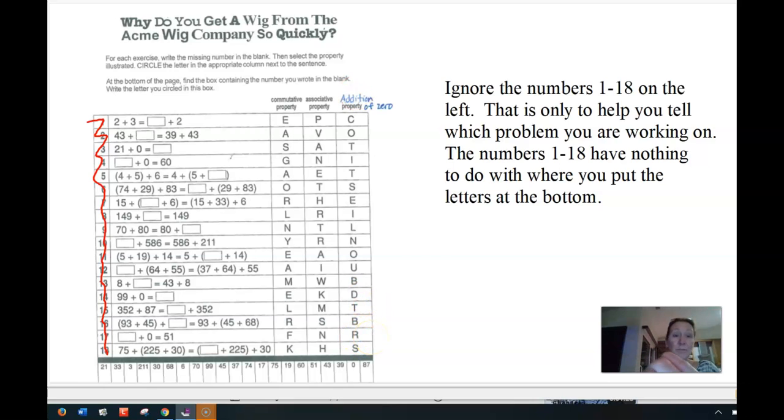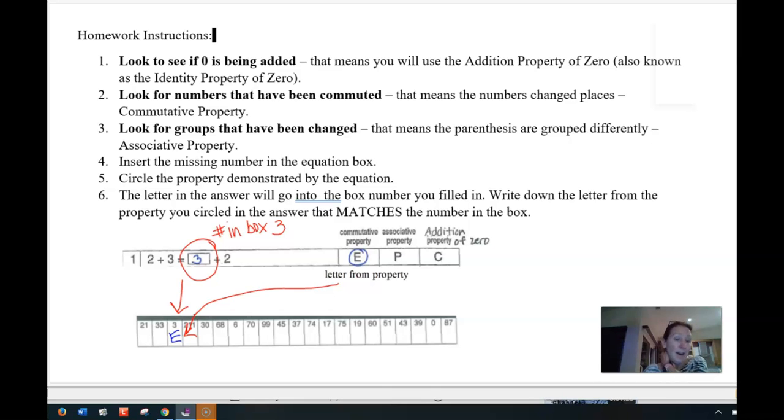So what you're going to do is, here's my general rule of how I approach these problems. I first look to see if 0 is being added. Because if 0 is being added, then I'm done. I know it has to be the addition property of 0. Then the next thing I do, kind of like this little checklist that I have, is I look for numbers to see if they've been commuted, right?